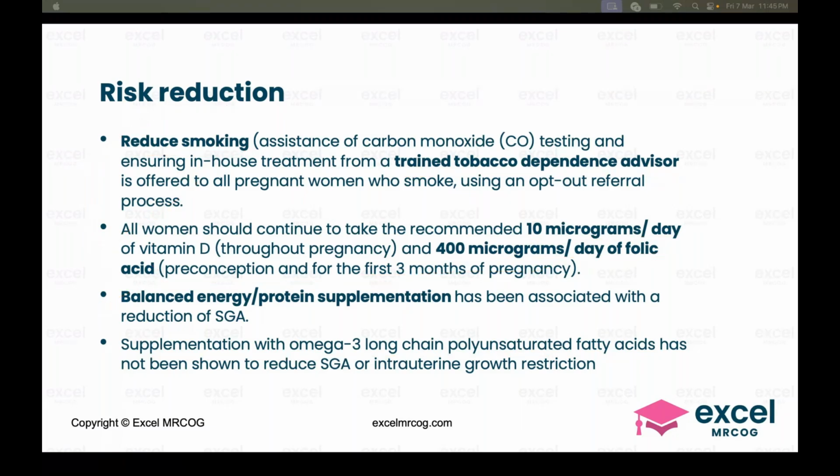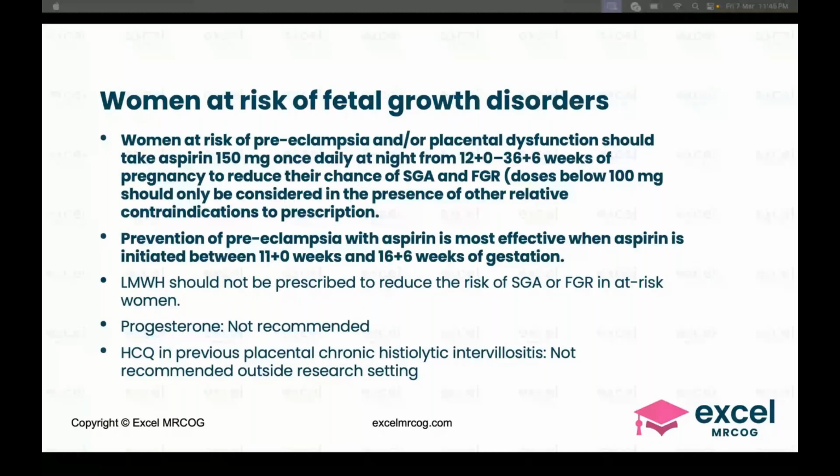Now, women at risk of fetal growth disorders should be considered for aspirin. Women at risk of preeclampsia and or placental dysfunction, like if you identify that they have low PAPP-A value, or you know from history that she has a history of preeclampsia or severe growth restriction in a past pregnancy, these women should take aspirin 150 milligram.